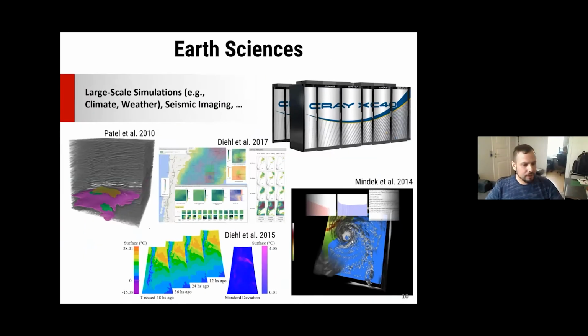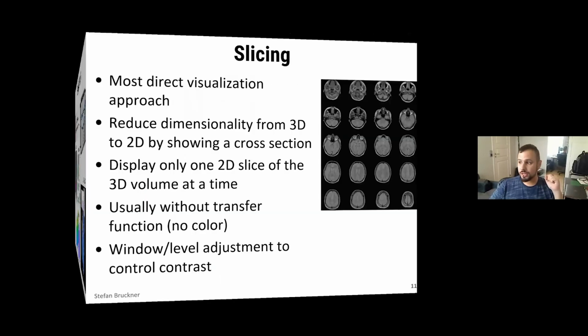And similar approaches exist in the earth sciences, climate, weather simulations, but also, again, optical imaging. So this was just very briefly to give you a sense of where our data come from. So now let's look at how we can visualize such data.